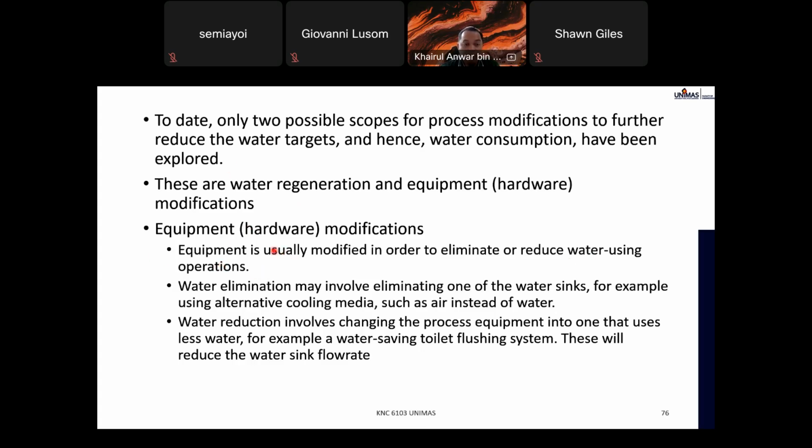For the equipment hardware modification, modified in order to reduce water utilization. Water elimination only involves eliminating one of the water sinks. Water reduction is changing the percentage of water in the process.